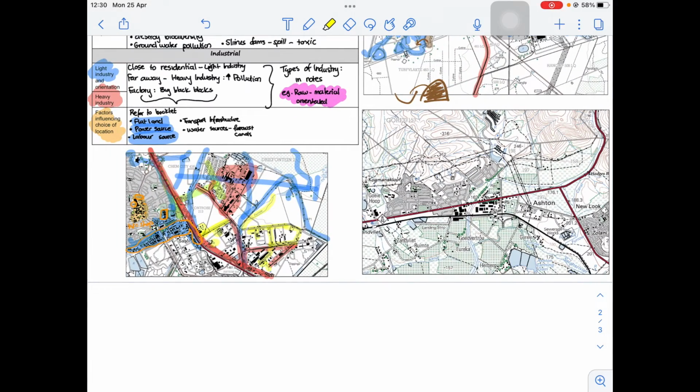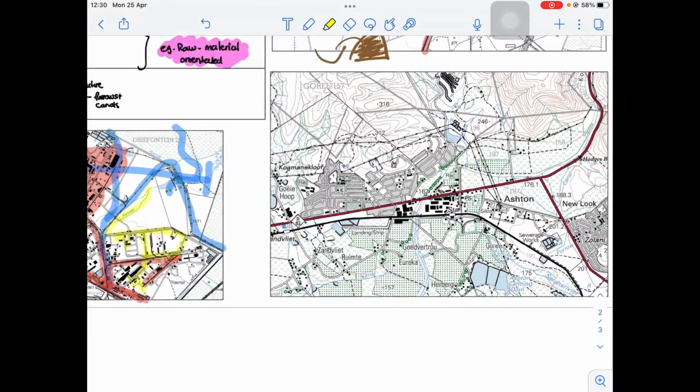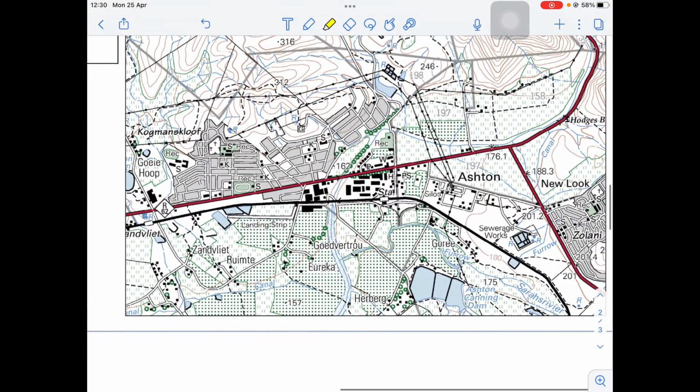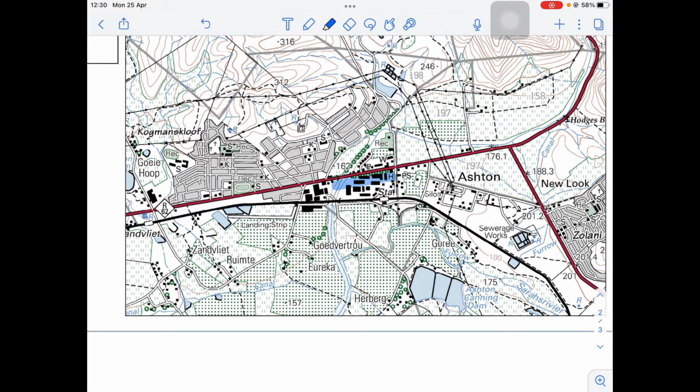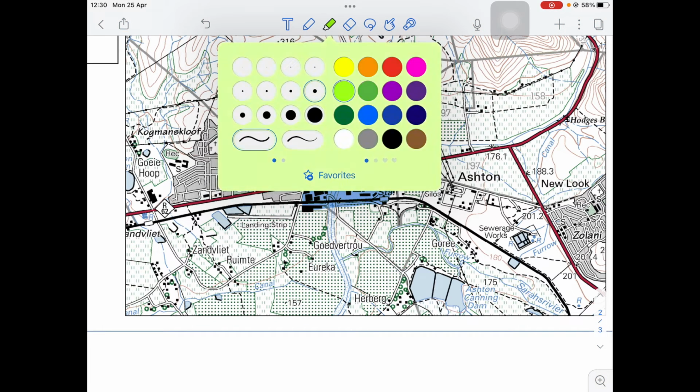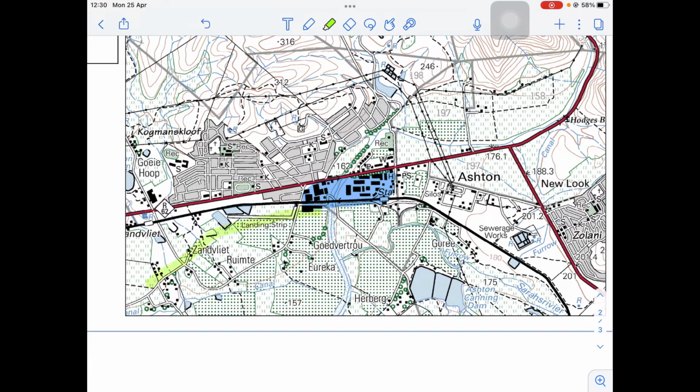And then we can also bring this example of our light industry to our little town of Ashton, because we can see that the industry is located over here near the actual residential zone, okay? And the other clue is that surrounding the area is a whole bunch of farming.